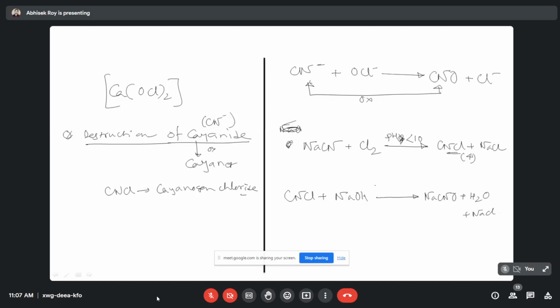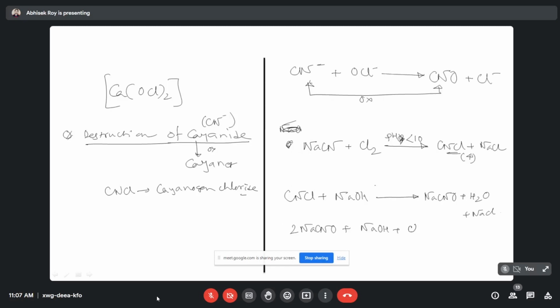So this cyanide can be completely detoxified or destroyed by further addition of caustic soda along with the chlorine. So if you go to this NaCNO, you can make a further reaction.